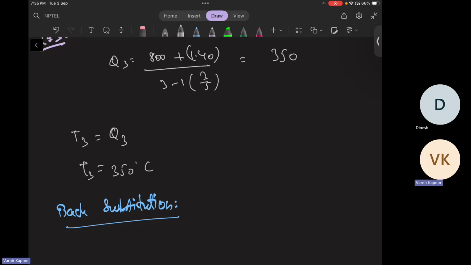From the equation, you can put values directly and you get the values of T1 and T2. Okay, T2 is 250.